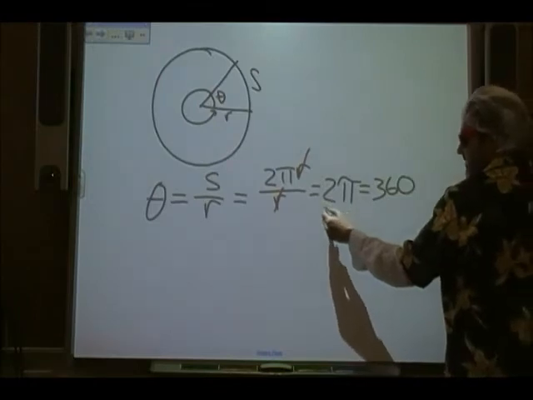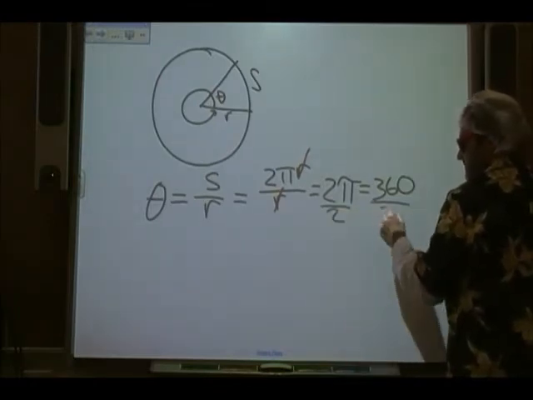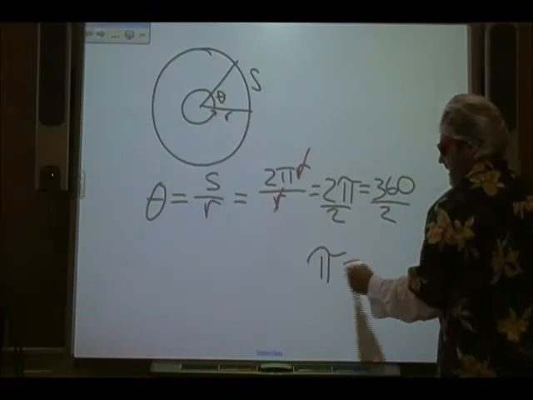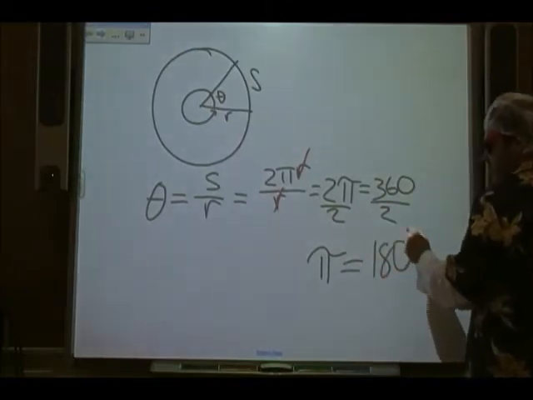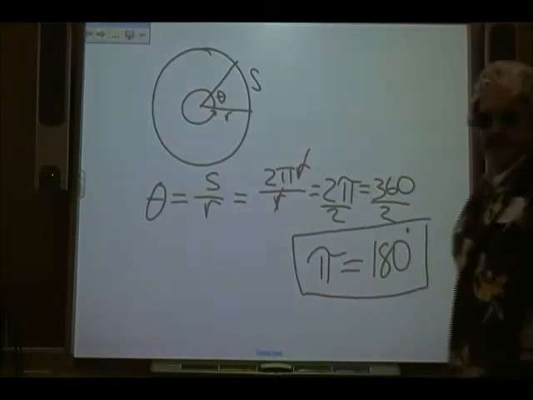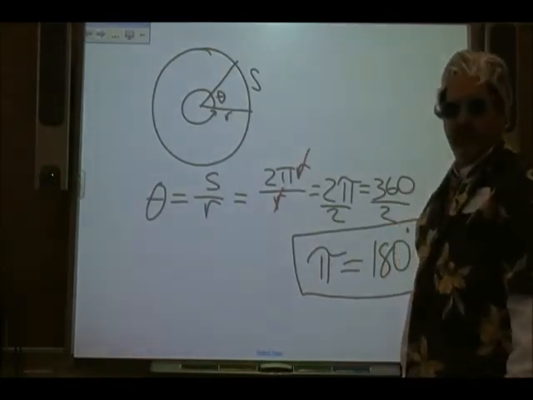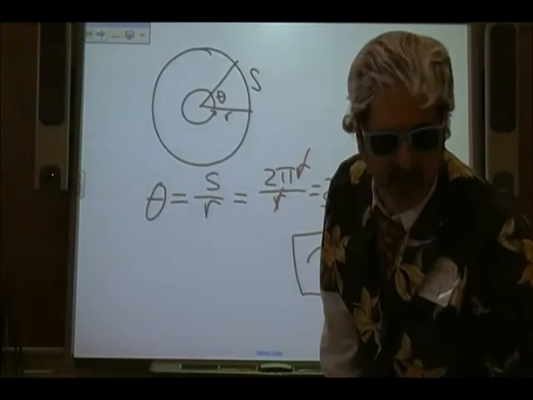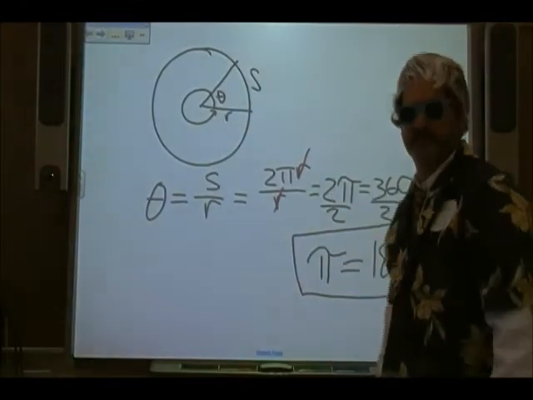Therefore, if I divide by 2, pi is equal to 180 degrees. Okay, are you following? Pi is 180 degrees.